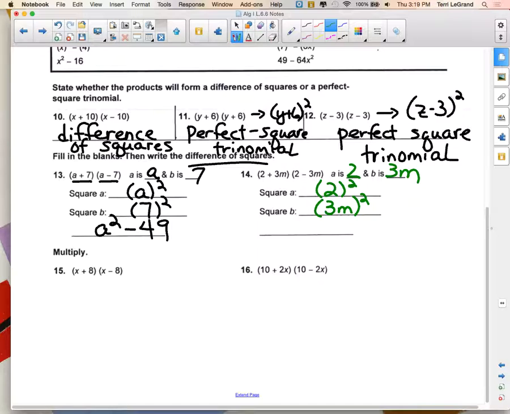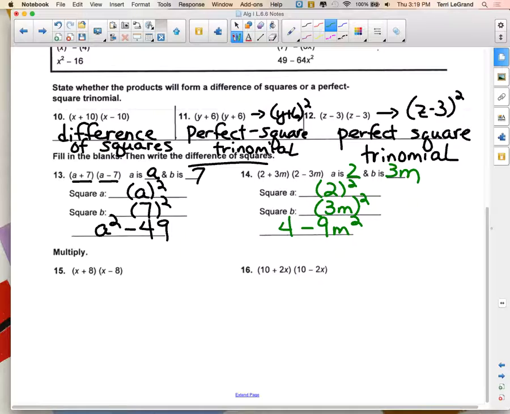Parentheses are not optional here. They can be on the 2 squared, but they're not optional on the 3m getting squared. We have to start with our a squared, because it goes a squared minus b squared, so 2 squared is 4, minus 3 times 3 is 9, and m times m is m squared.